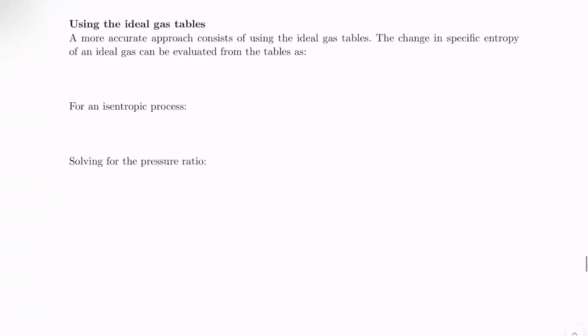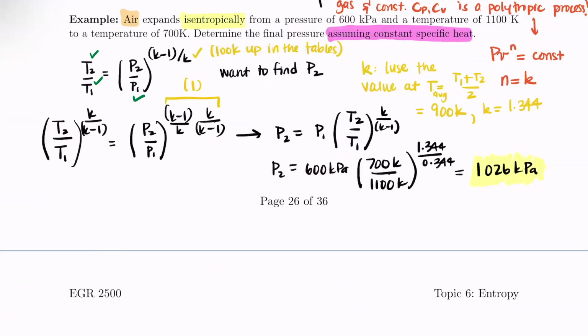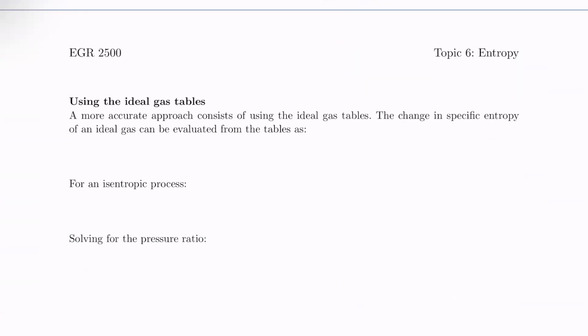Okay, so we can also use ideal gas tables. Using the tables is a more accurate approach rather than using a K value from the average temperature. To do this, remember that we had this equation from before: S2 minus S1 is equal to S0 at T2 minus S0 evaluated at T1, minus the ideal gas constant times the log of P2 over P1, right?